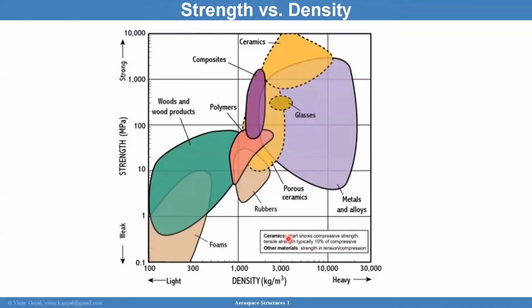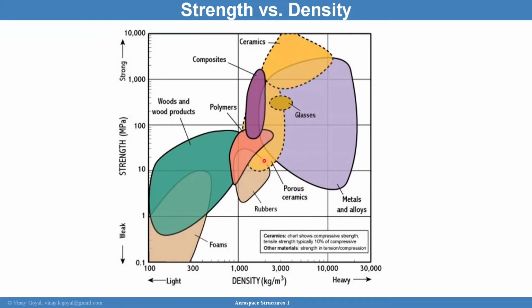Here, what I'm showing you is the strength per density against density. And the point of this chart is to show you, for example, that composites give you high strength, but for very low weight. For every pound, composites deliver really nice strength. Ceramics also do a great job. You can see here, very high strength, but a little bit heavier.